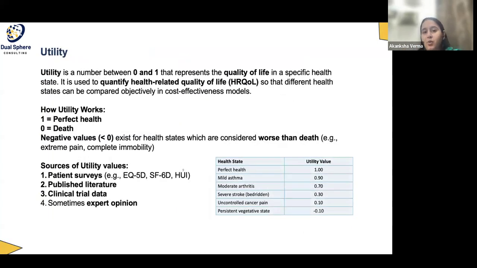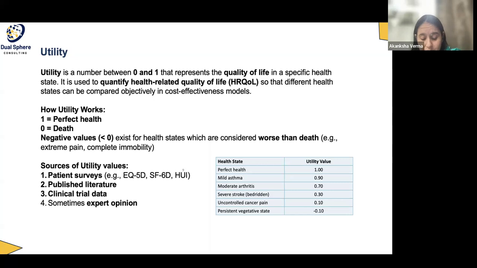Now comes the utility value. What is that utility value? I told you that those questionnaires help you derive the utility value. Now, utility is a way to quantify health related quality of life. It is basically a number which ranges between 0 to 1, and it represents quality of life in a particular health state, right?